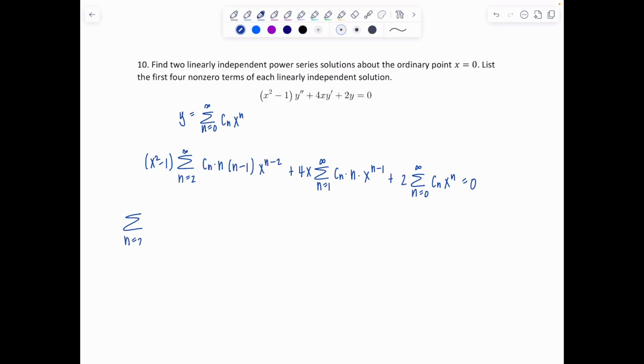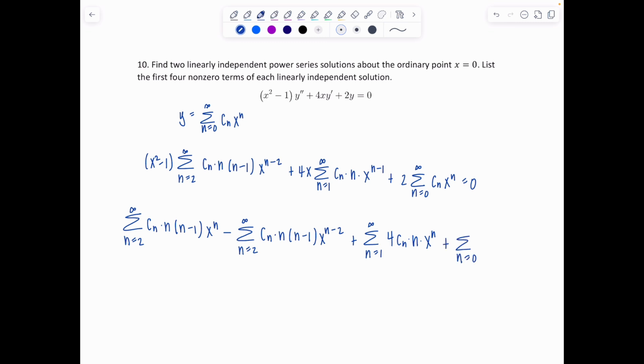So we have the sum n equals 2 to infinity c sub n times n times (n minus 1) times x to the n, minus the sum n equals 2 to infinity c sub n times n times (n minus 1) x to the n minus 2, plus the sum n equals 1 to infinity 4c sub n times n times x to the n now, not n minus 1, plus the sum n equals 0 to infinity 2c sub n x to the n. Normally I take the constants out, but not here. It's too dangerous. I don't want to forget them later.